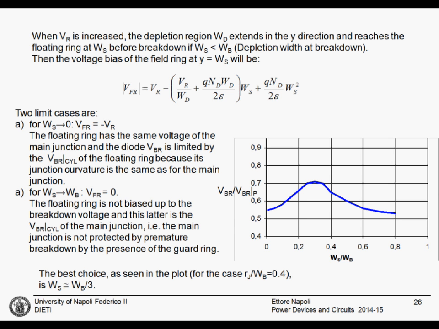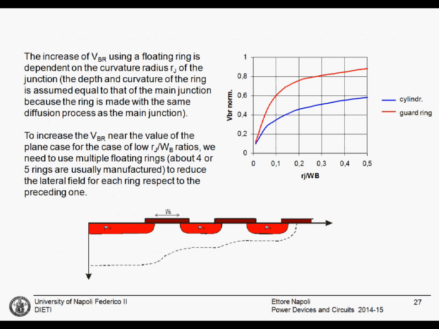It is good, but it is not enough. We want to reach 90% or 95% of the ideal voltage, and this can be done using more than one floating ring.